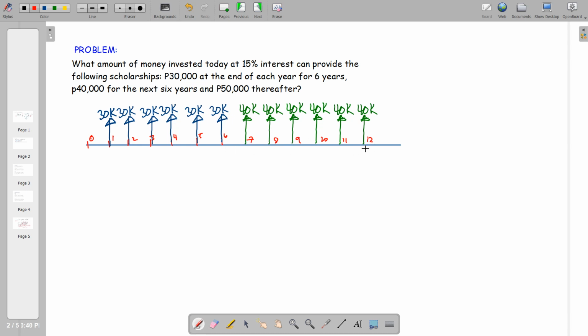So, that would yield to year 12, no? And then after which, tuloy-tuloy na, from year 12, you will continue to receive, but this time this is 50,000 from the end of the 12th year up to indefinite time. So that is the case. And the question is, magkano ang dapat mong invest today?